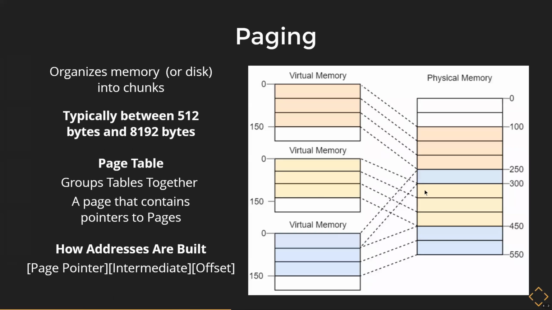So let's start talking about how a program uses memory. This is a big part of it. Remember how I was saying virtual memory is an important thing? This is why virtual memory is important.